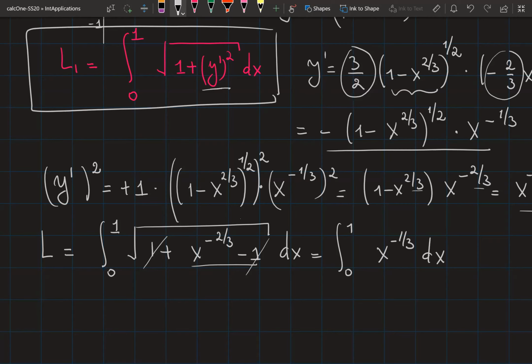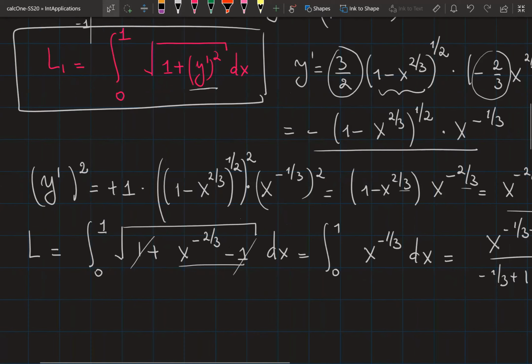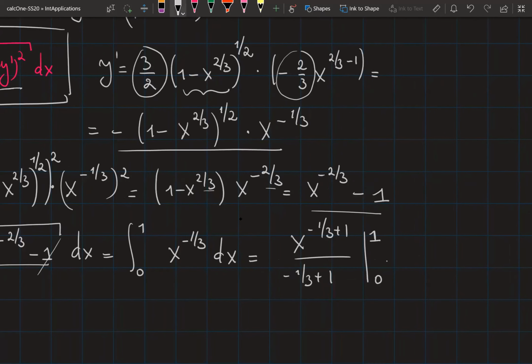Okay, so you can simply integrate this. It's going to be x to the power of minus 1 over 3 plus 1, divided by minus 1 over 3 plus 1. And we have to substitute from 0 to 1. Right? If you substitute the 1, please note that minus 1 over 3 plus 1 is going to be plus 2 over 3.